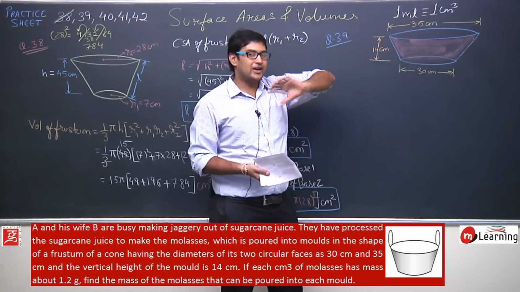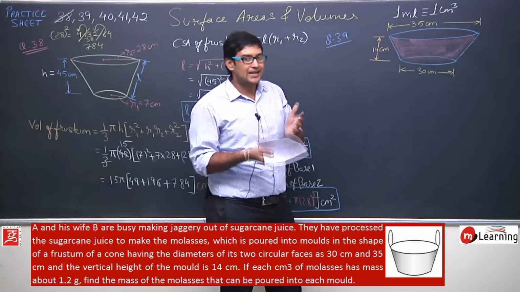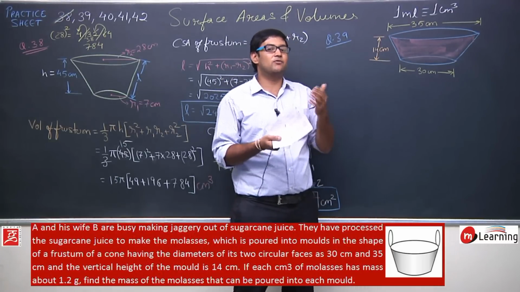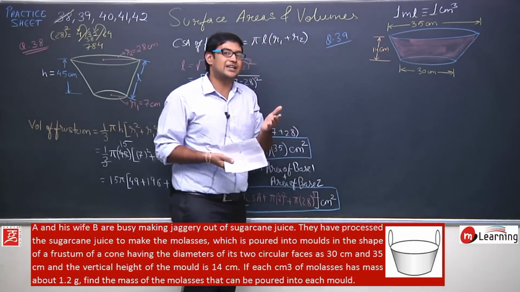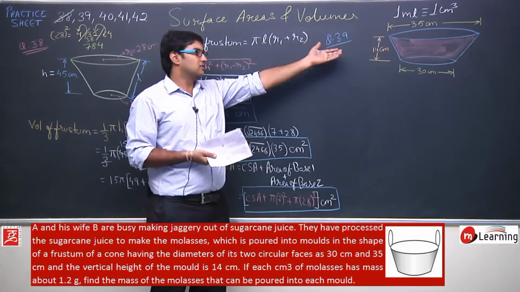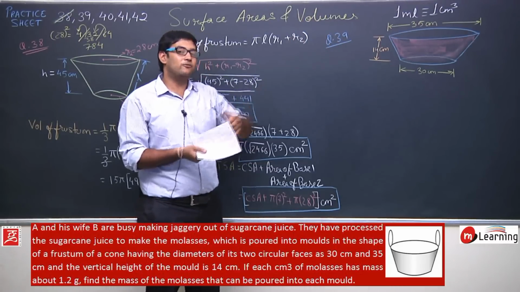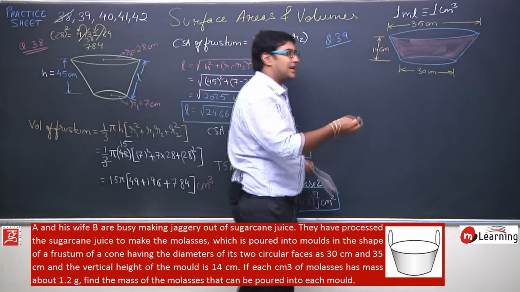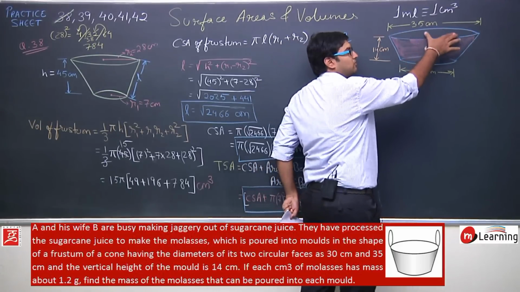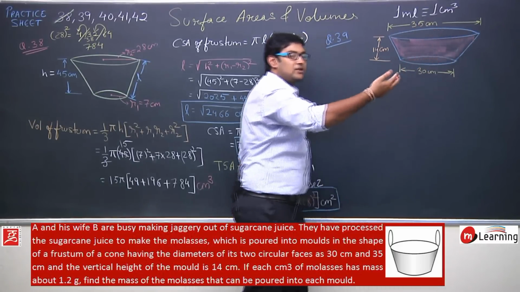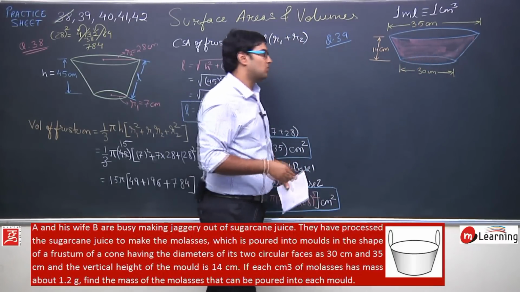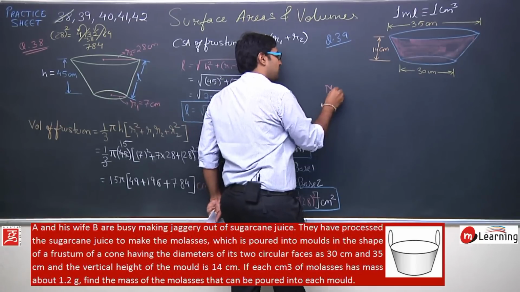What is the maximum volume of molasses that I can fill inside this frustum? It will simply be equal to the volume of frustum, because if I try to fill more than that, the molasses will overflow.